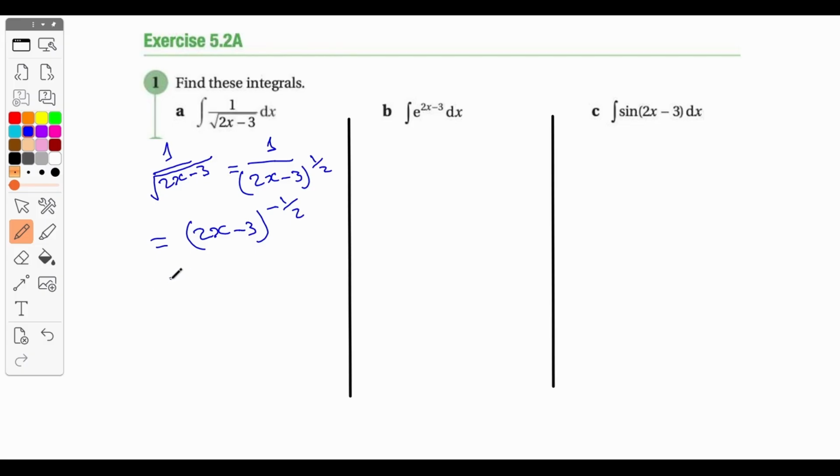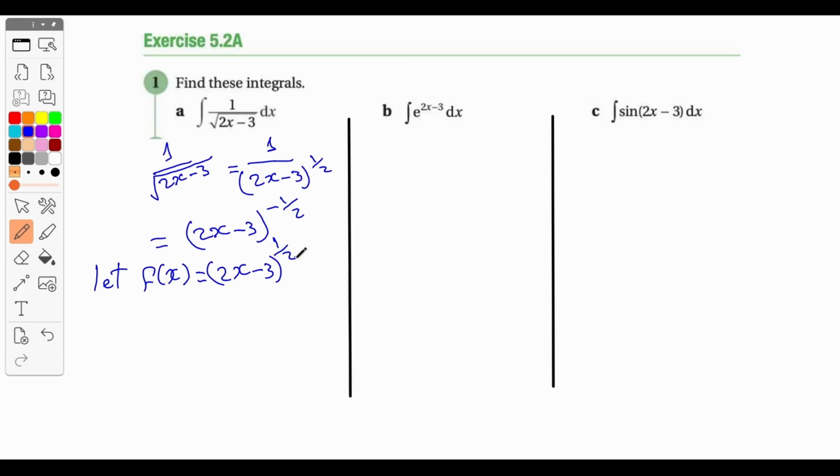How do we use differentiation here to solve this question? You just need to add 1 to this index. So we let the function f of x equal 2x minus 3, same quantity, power of half.